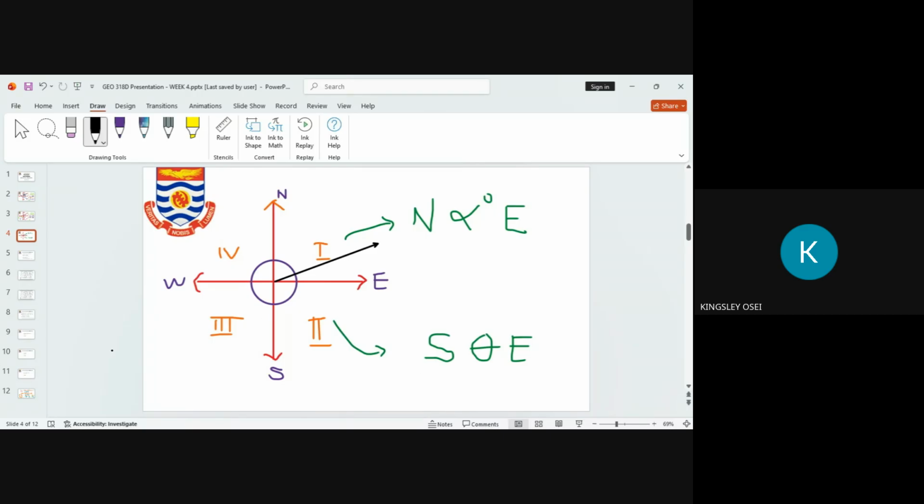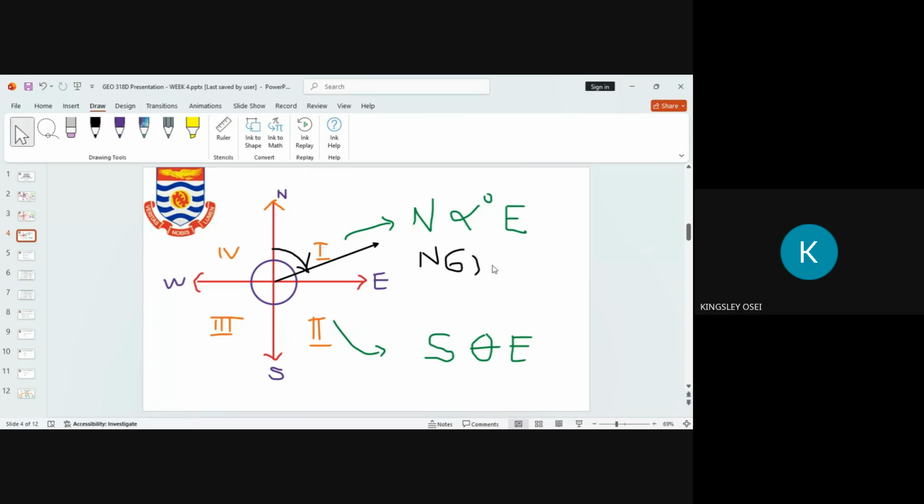So when I'm stating the bearing of this line, this angle should be 62 here. It should read as 62. If it reads as 62, I'll come and quote it as north, 62 degrees.